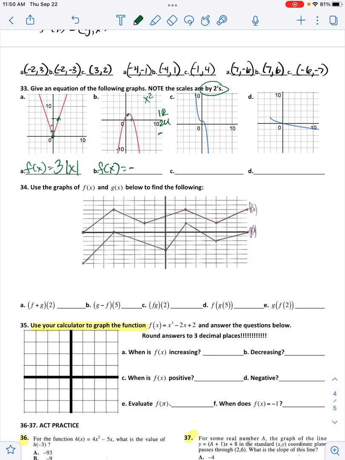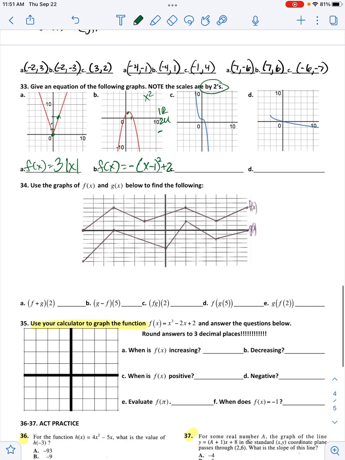But then, since it's gone 1 to the right, I'll have a negative 1 inside the container, but then it goes 2 up, so I'm going to have that plus 2 to move it over.